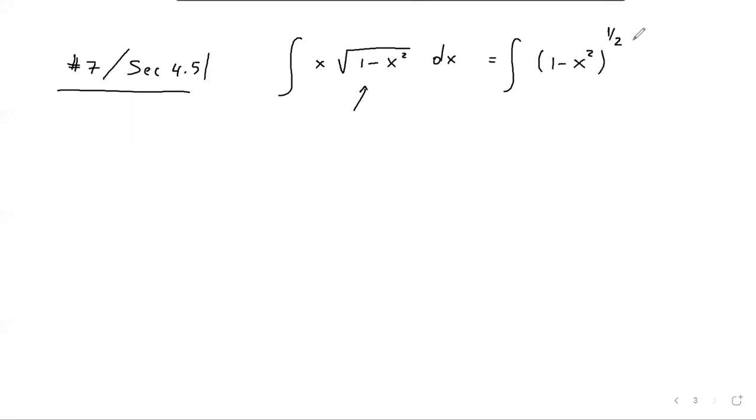This is the power we're looking at, folks, times x dx. So this is going to be the power. So it's here. So this is likely going to be our substitution of the power of this function.